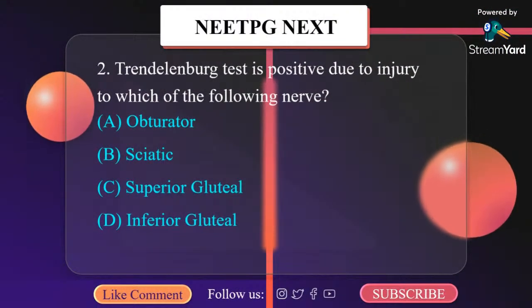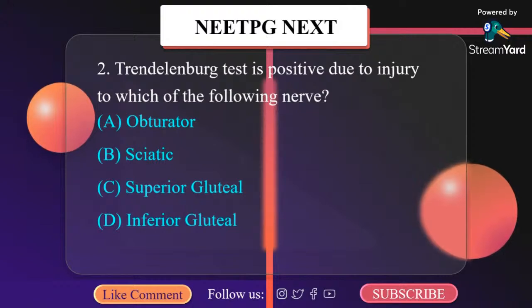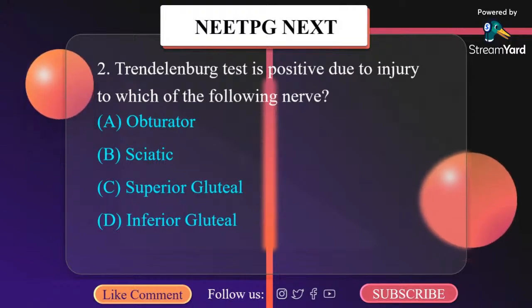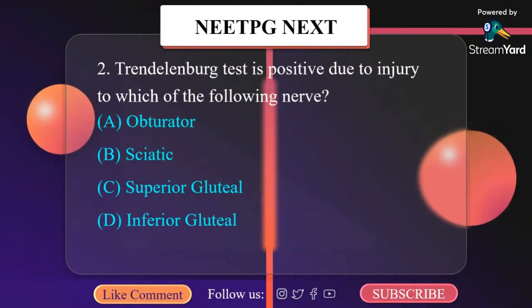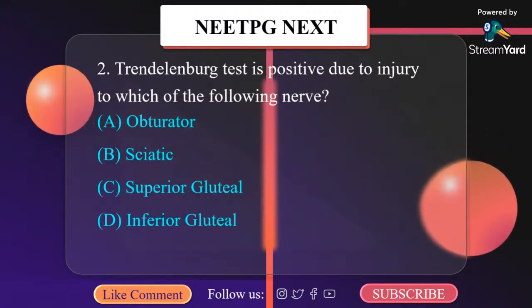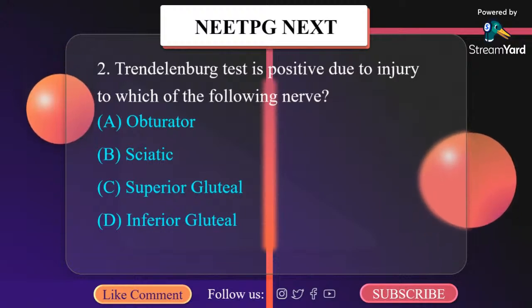Trendelenburg test is very important. Trendelenburg test is positive due to injury to which of the following nerves? A, obturator; B, sciatic; C, superior gluteal; D, inferior gluteal.